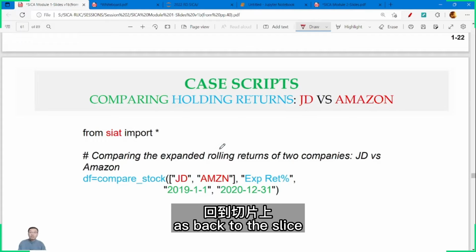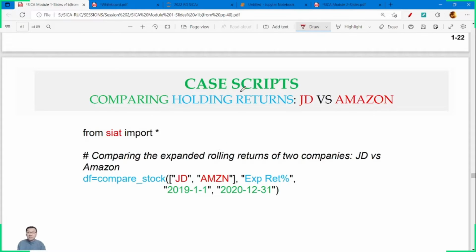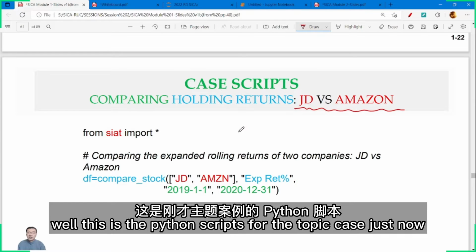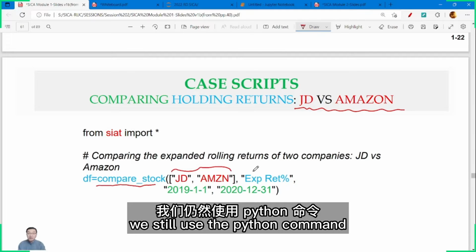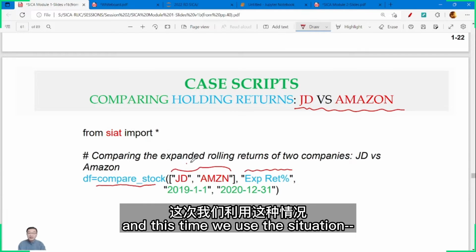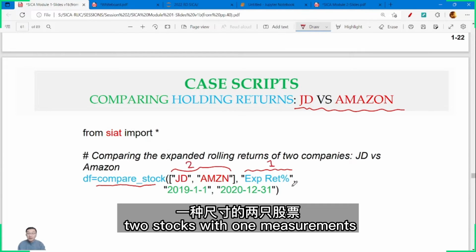Well, this is the Python script for the topic case just now. Jingdong versus Amazon in terms of their holding period return. We still use the Python compare command, and this time we use the situation of 2 stocks with 1 measurement. The measurement here is called expanded return.